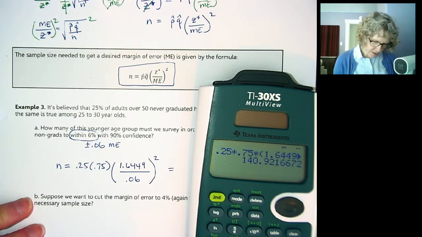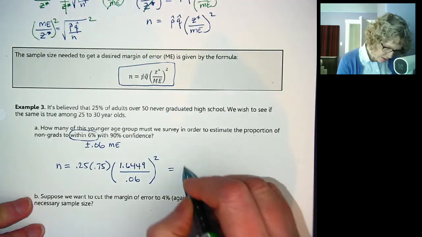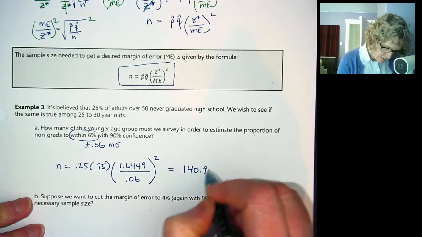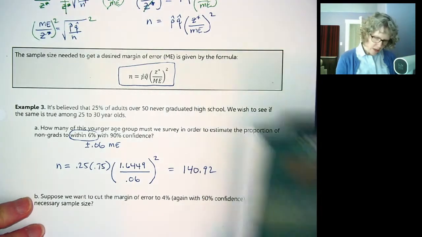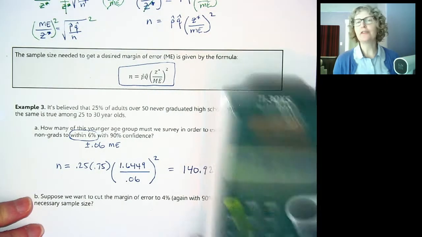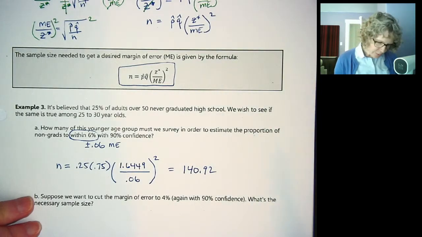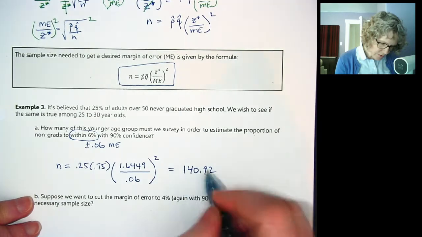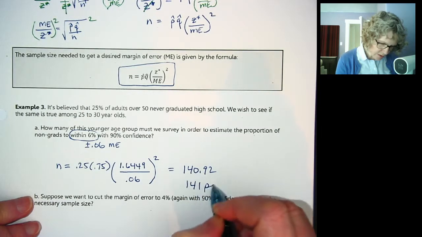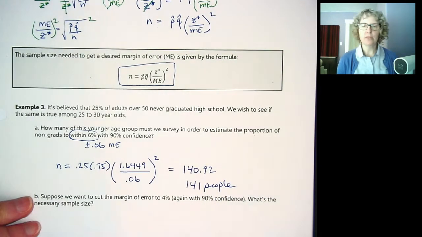Okay, that's 140.92. However, we can't survey 140.92 people, right? We're talking about people now. So we do round, so this would be 141 people.